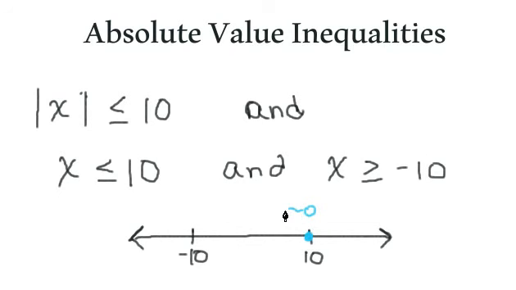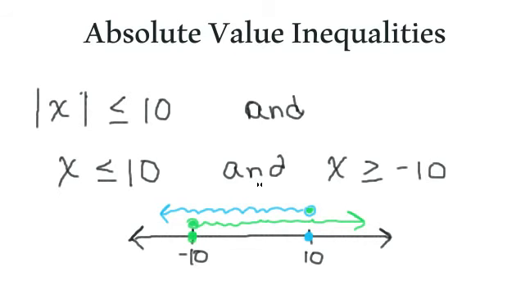It's everything less than or equal to, so everything to the left of 10. This says x is greater than or equal to negative 10. I'll use a different color this time. And remember we're including negative 10, so I'm going to put a solid dot here. Everything greater than or equal to negative 10.